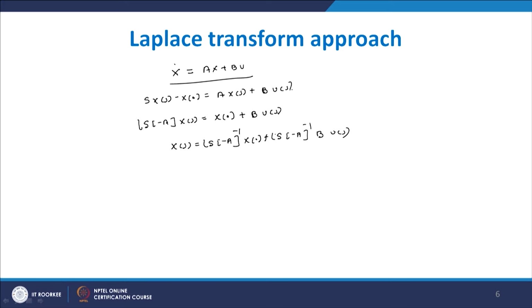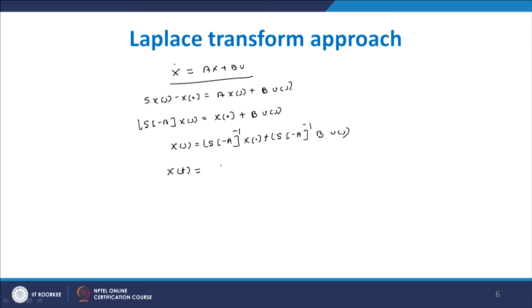Now, we have got x of s, but we have state equation, definitely it is in terms of time domain. So, to get the time domain, what we can do? We have to apply inverse Laplace transform to this equation. Now, we apply inverse Laplace transform to these equations.